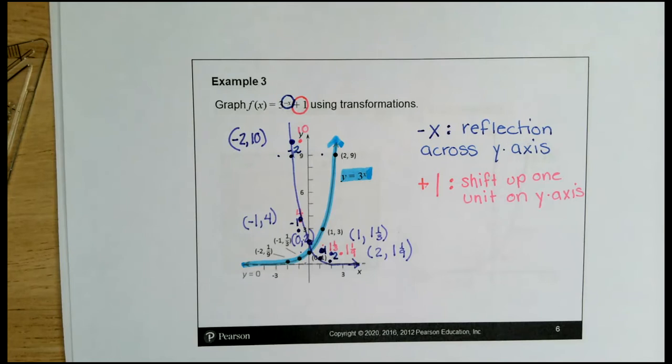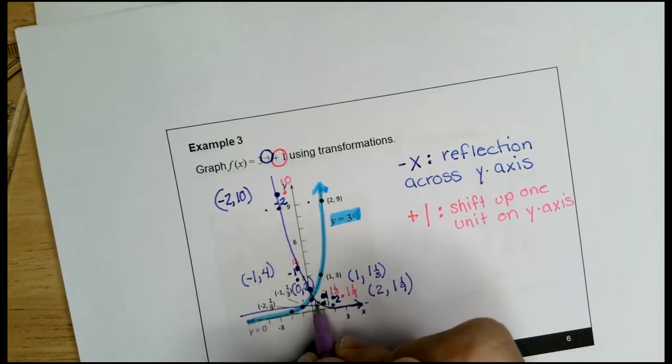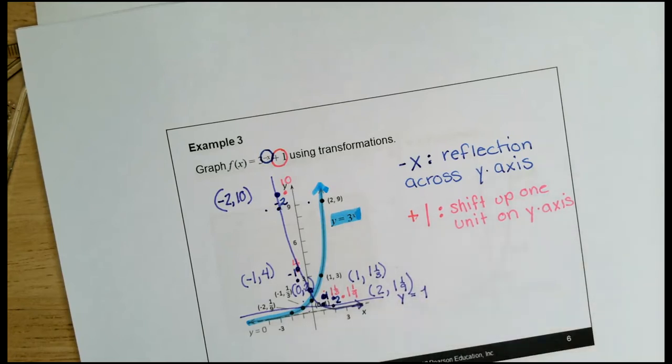We've reflected it across the y-axis and shifted it up 1. The horizontal asymptote is now at y equals 1 instead of y equals 0.